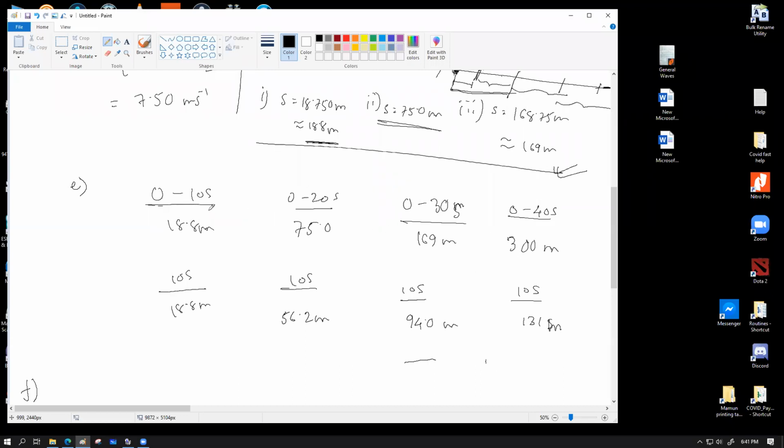So you had the idea to subtract the individual distances to find the distance covered for every 10 second segment. That idea gets you one mark, and the statement gets you one mark. That's for 2 marks. If the same question comes with 3 marks, then you would have to have each of these 4 numbers correct. All numbers correct scores you 1 mark. The idea that you have to subtract to get these numbers, 1 mark. That statement, 1 mark.